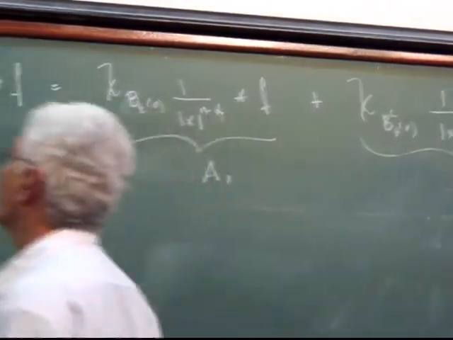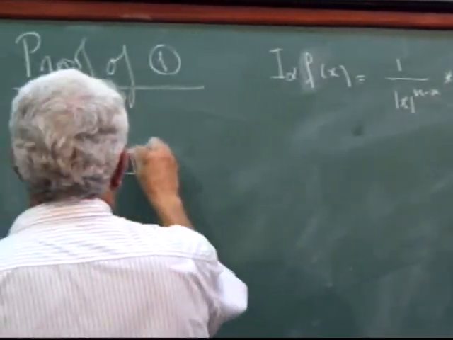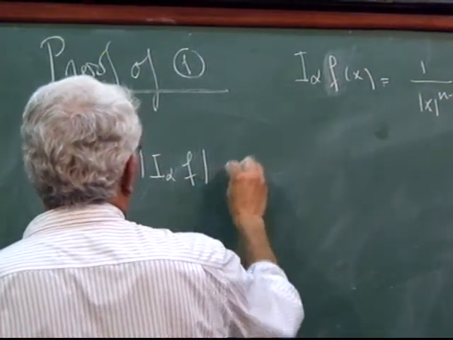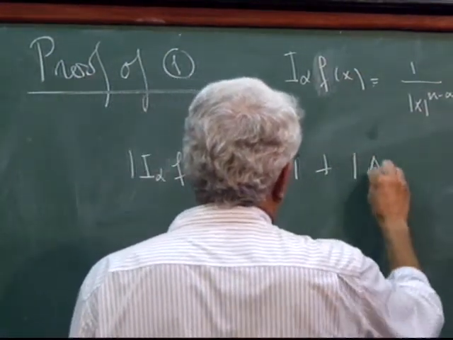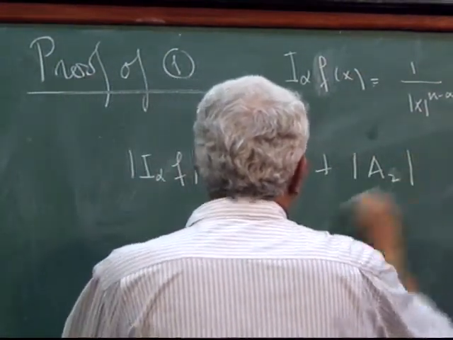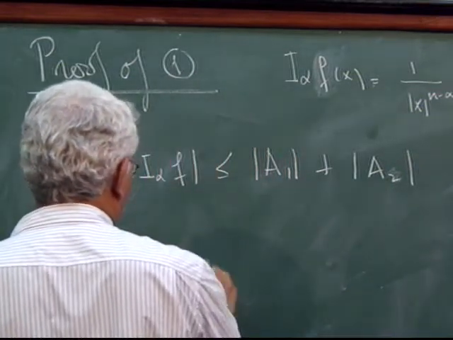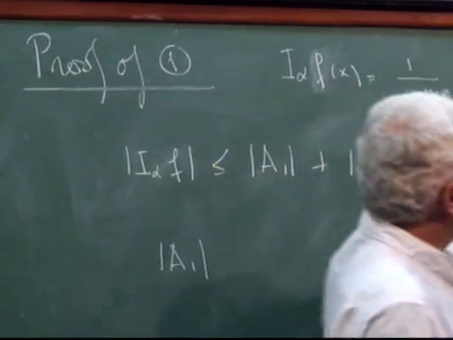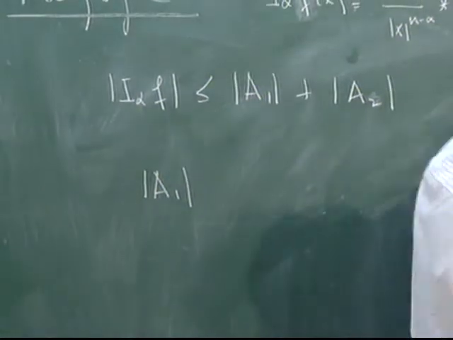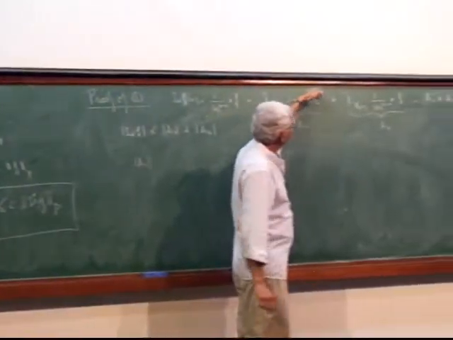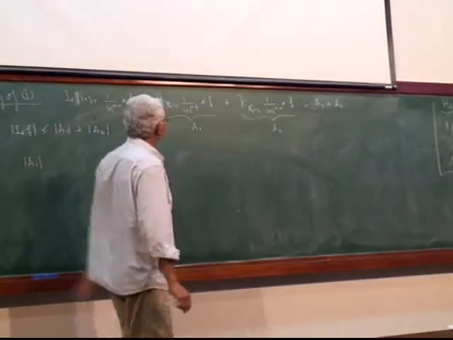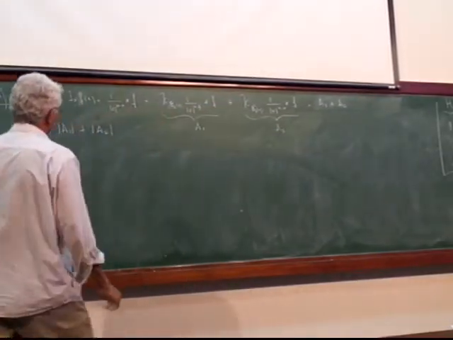Okay, how big is A1? A1 is the convolution of this function with this one. This function is in L1. This function is in LP. Therefore, I can compute the LP norm there.